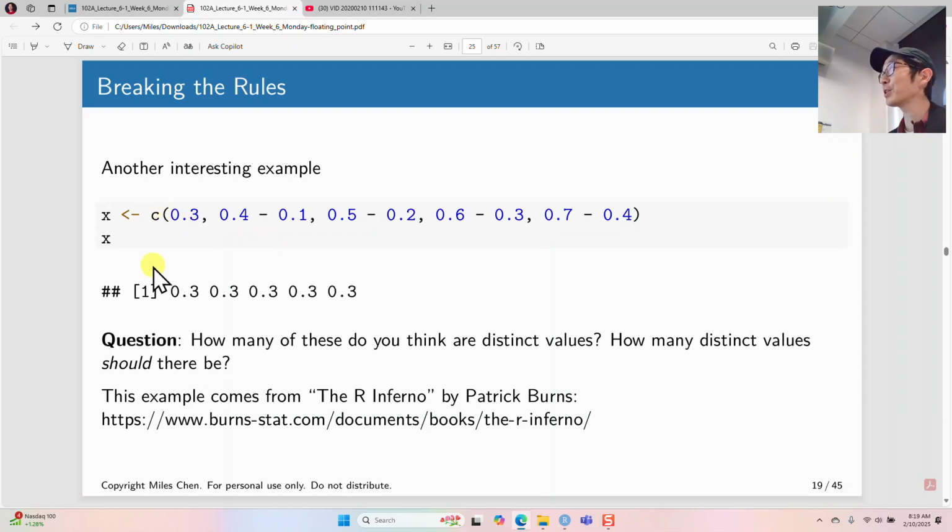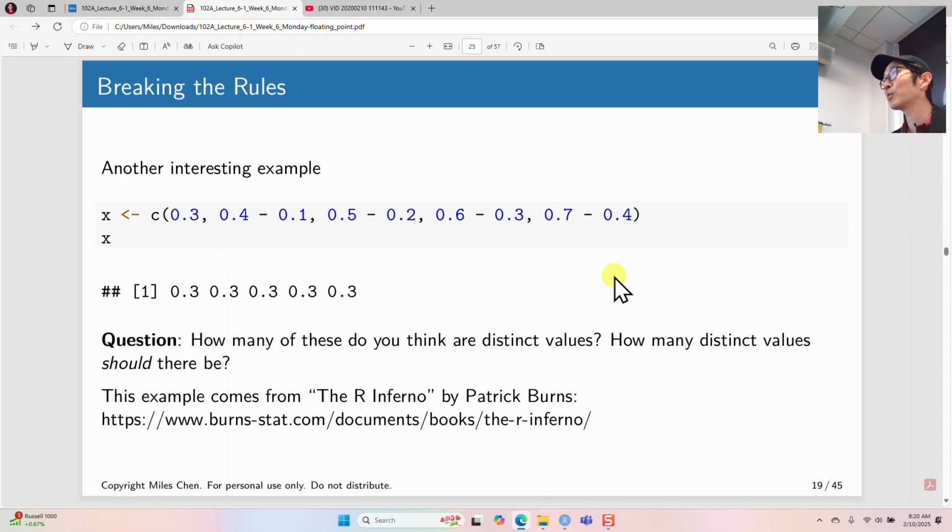Okay, and so here, this is just a silly example again. I have 0.3, 0.4 minus 0.1, 0.5 minus 0.2, 0.6 minus 0.3, 0.7 minus 0.4. Okay, with the real number line, all of these values should be exactly the same, 0.3.